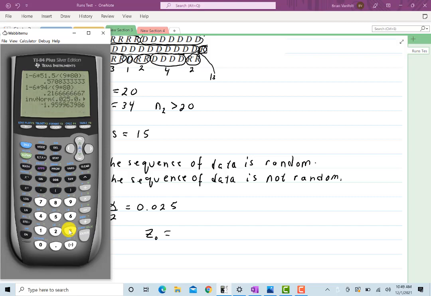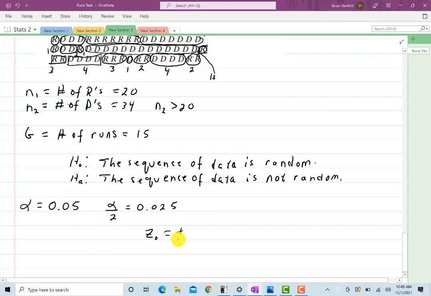So you know the positive value, the other tail, is positive 1.96. So we have plus and minus 1.96. A picture would look something like this. And so there's my critical regions defined.